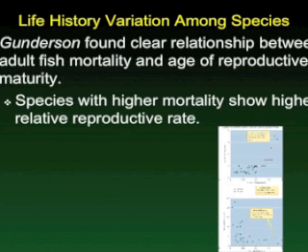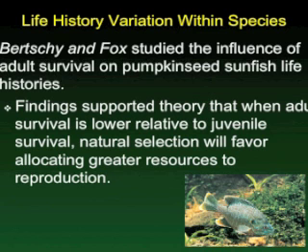This theory was supported by findings of Burchie and Fox, who did work on the pumpkinseed sunfish, which is a very common sunfish in our area. And they found that when there was higher mortality of the adults, then the younger fish reached sexual maturity.